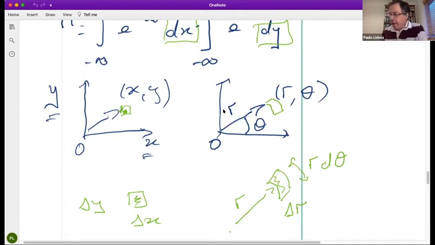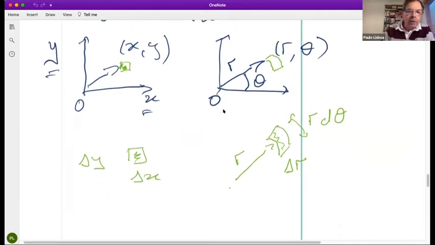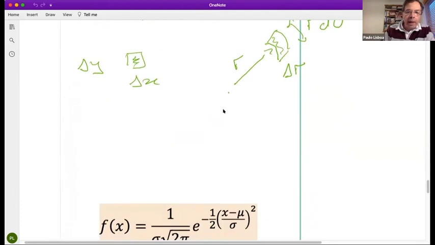Okay, so now that's going to be proper handy, because now I can rewrite my integral.